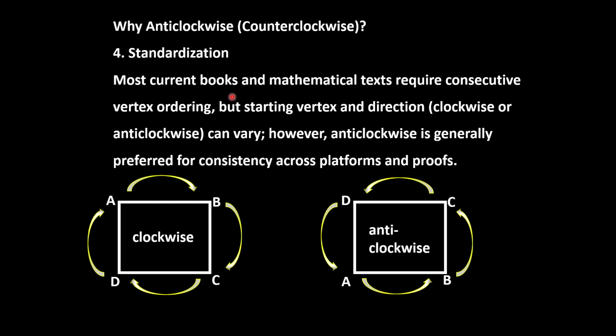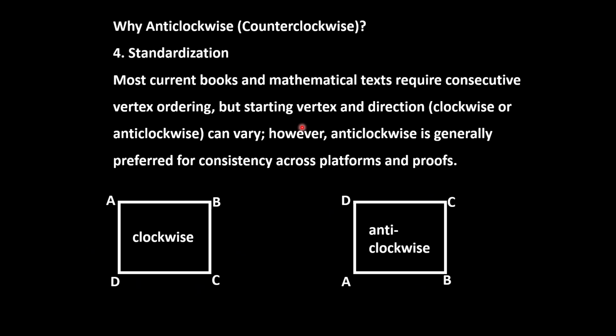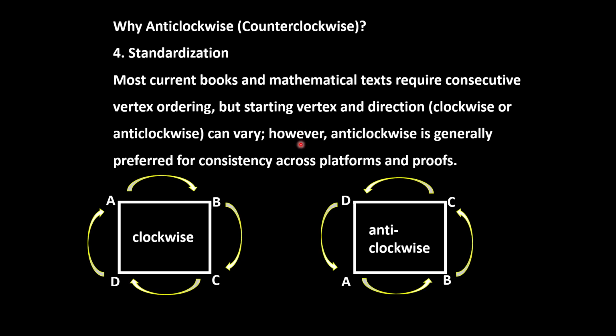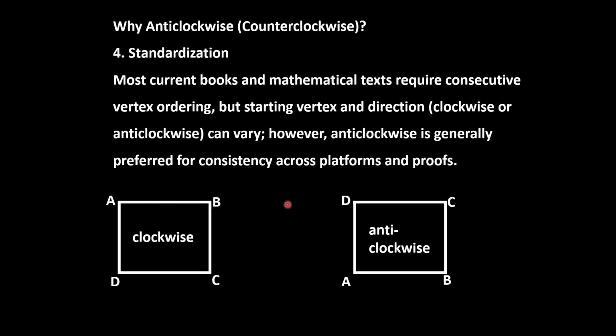So the current textbooks and all the mathematical papers prefer consistency and uniform standardization. And in order to adopt a uniform standardization, counterclockwise order is preferred so that you are consistent. Not that sometimes you do it clockwise, sometimes anti-clockwise. Let it be fixed. Let it be standardized.